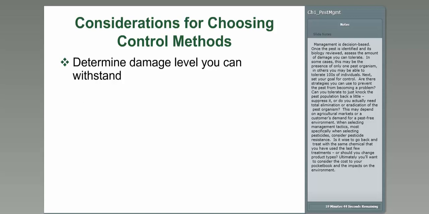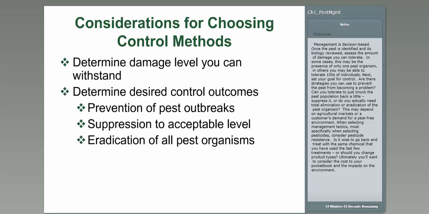Are there strategies you can use to prevent the pest from becoming a problem? Can you tolerate to just knock the pest population back a little, suppress it, or do you actually need total elimination or eradication of the pest organism? This may depend on agricultural markets or a customer's demand for a pest-free environment.